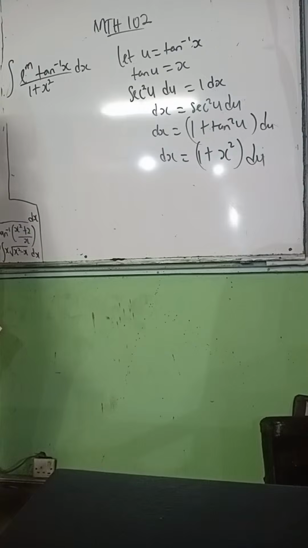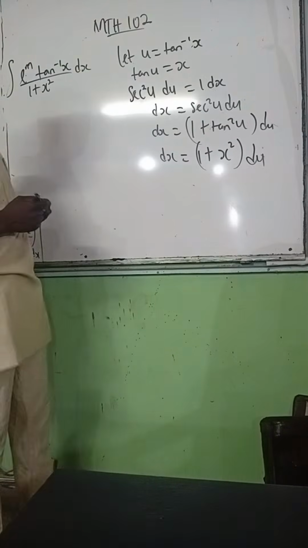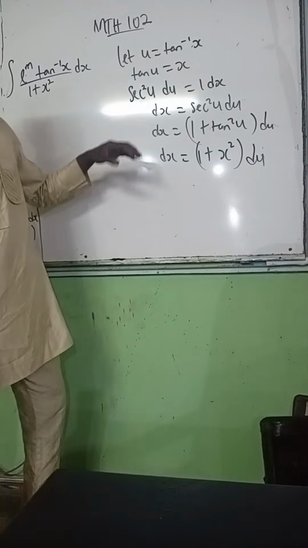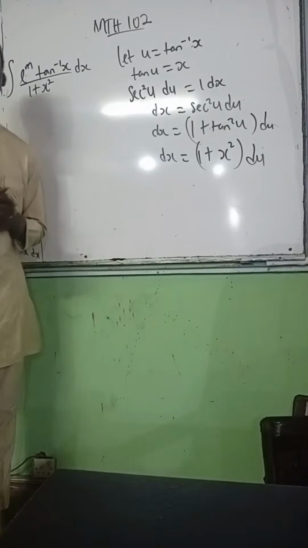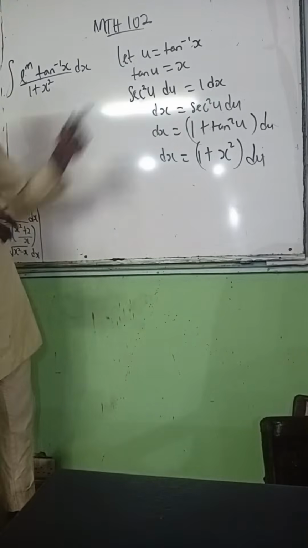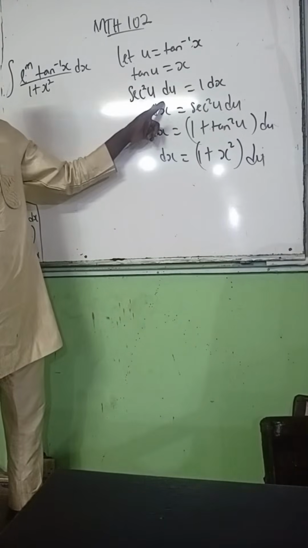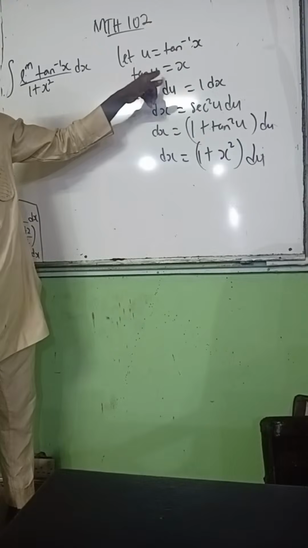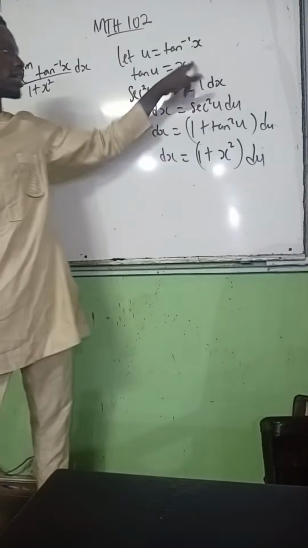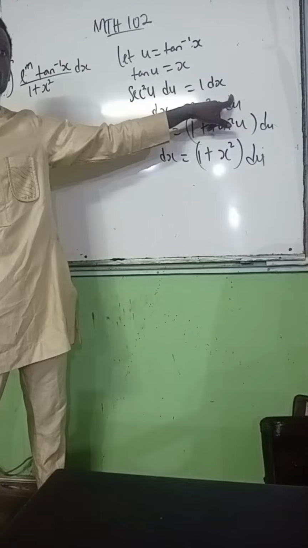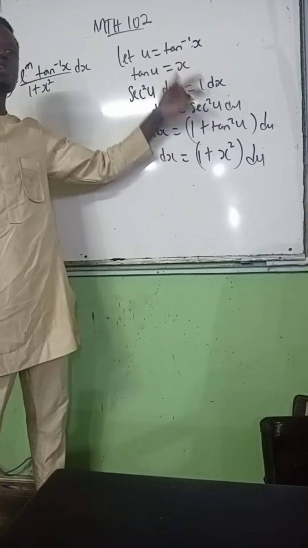Somebody said no. Let's check where you are not okay. If you differentiate tan u, you get sec square u, because you are differentiating with respect to u, that's why we have to use 1 dx. You know x, you get 1.